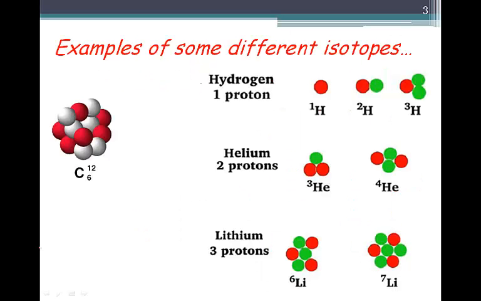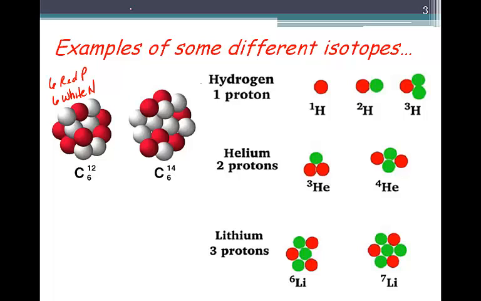Here we can look at two examples of carbon. Carbon having 6 red protons and 6 white neutrons, we can get a carbon atom with a mass of 12. Another isotope, carbon-14, still has 6 red protons, but here it has 8 white neutrons.